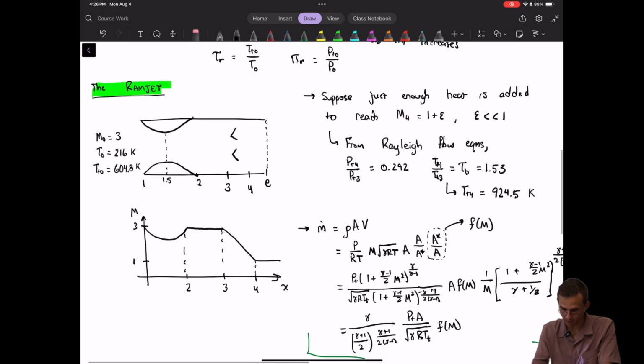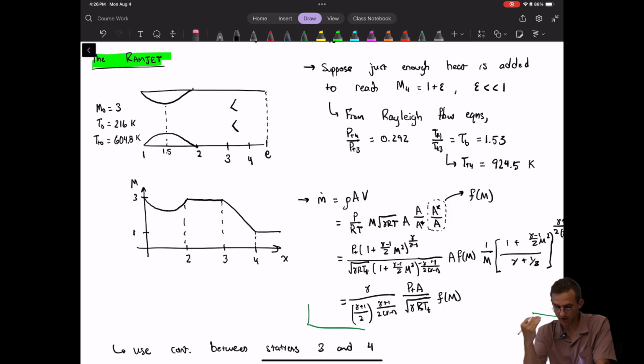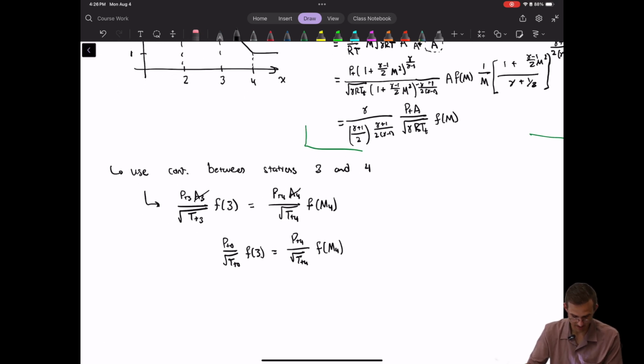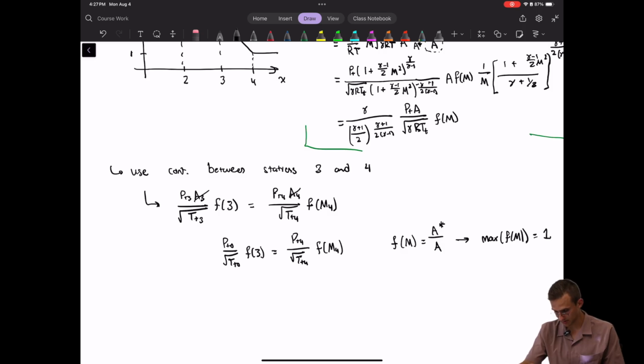Remember that the case we're interested in here is that we're approaching Mach 4 equal 1 from above. Also, let's make a couple of notes here. Remember, like we just noted above, that F of M is equal to A star over A. In general we know that the maximum value of F of M is equal to 1, and we know that it's 1 because of choked flow.